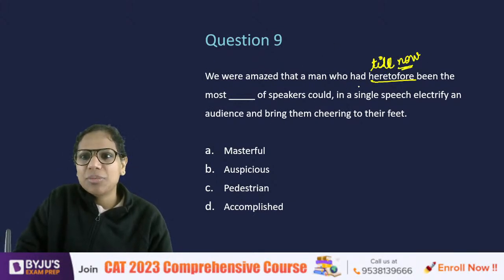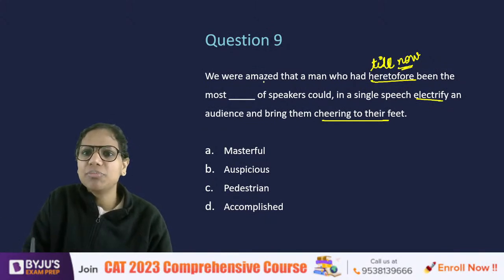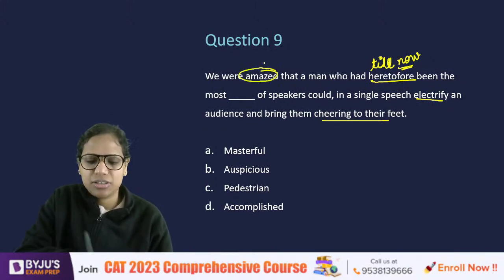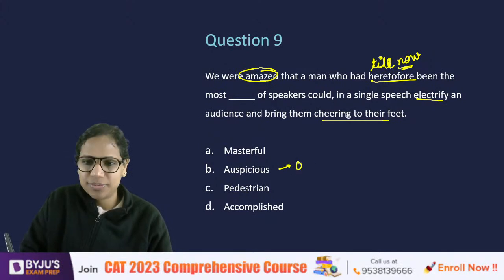We were amazed that a man who had till now been the most dash of speakers could, in a single speech, electrify an audience and bring them cheering to their feet. So he filled them with enthusiasm, and we were amazed by this fact. Okay. Auspicious means something that is opportune, something that is shubh in Hindi.